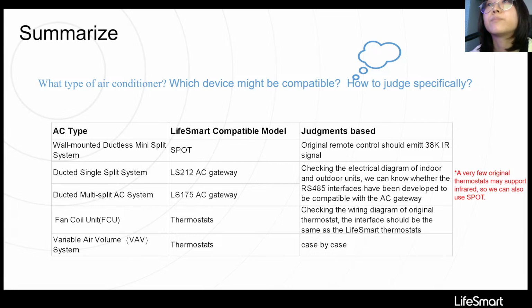But one more point we need to consider is that a very few original thermostats of these two systems may support infrared. So as long as the original thermostat can emit the infrared signal, then we can also use the Spot to control this AC system.